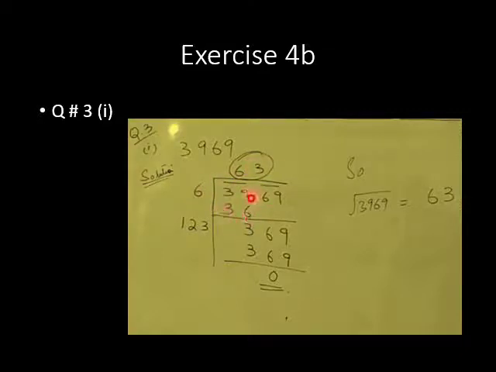After that we will subtract it. 39 minus 36, we will get 3, and then the next pair will be written here, 369. This 6 and this 6 are added here, then we will get 12.